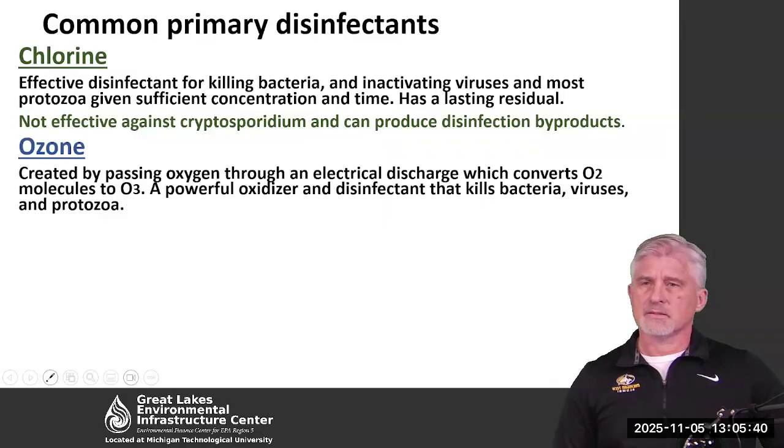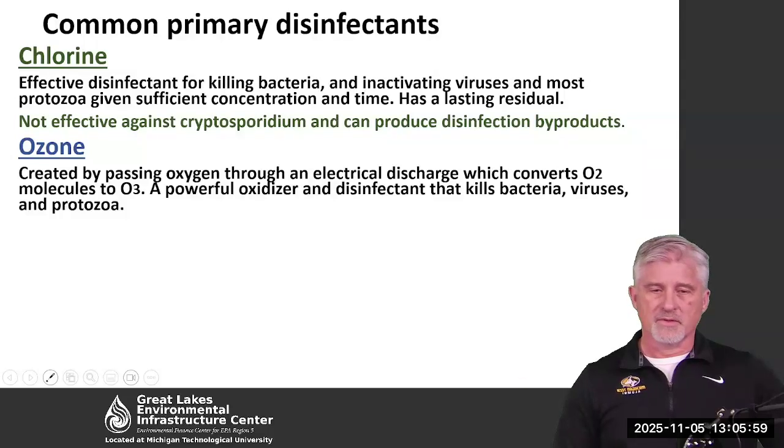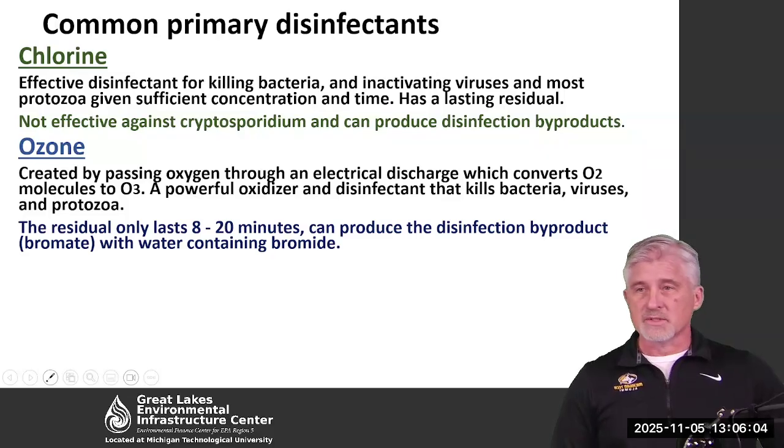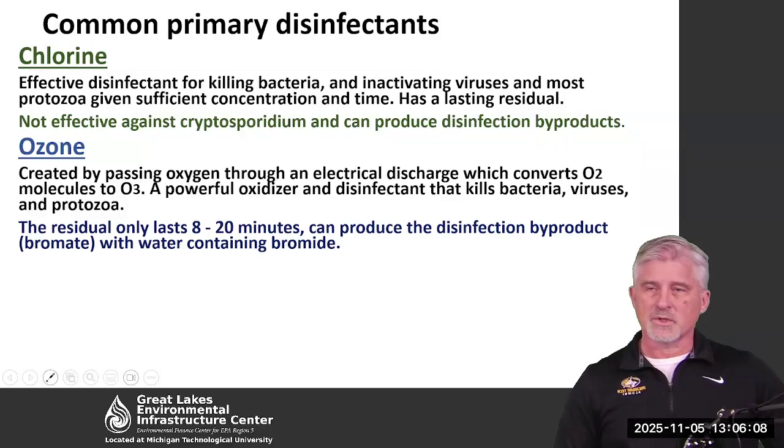The second primary disinfectant is ozone. That's created by passing oxygen through an electrical discharge, and it converts the O2 into ozone, or O3. It's a powerful oxidizer, and it can kill all three of the different types of microbes. Now, some of the downsides to ozone, it's got a relatively short residual, only 8 to 20 minutes.